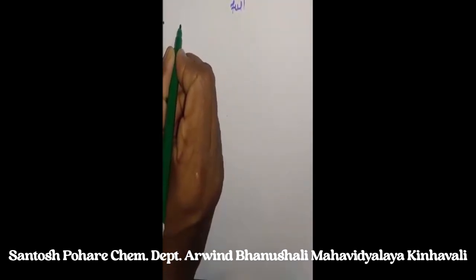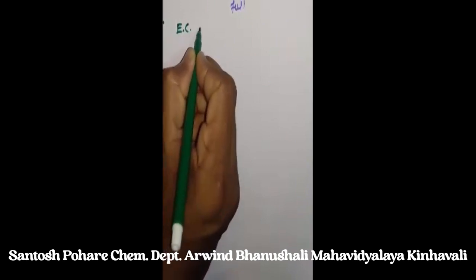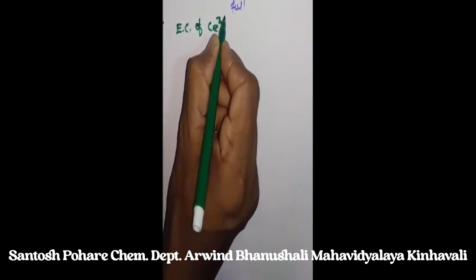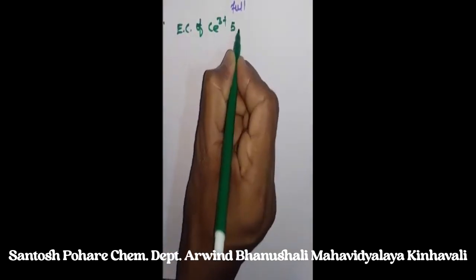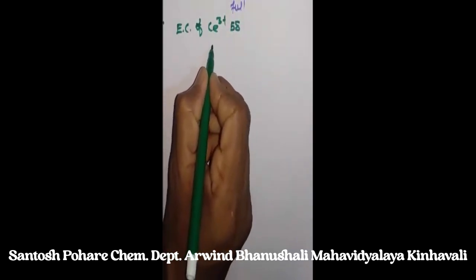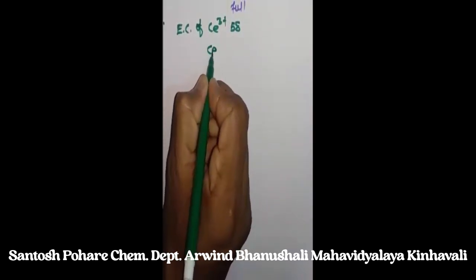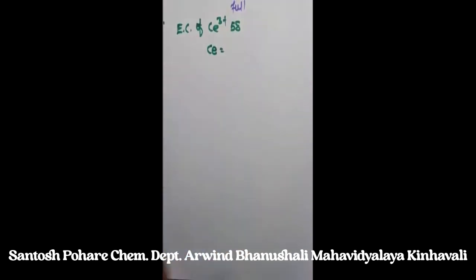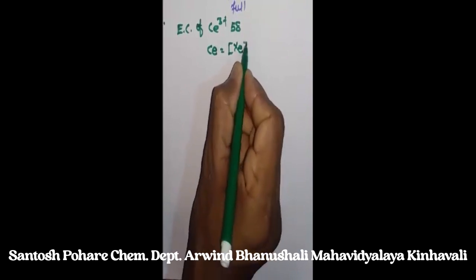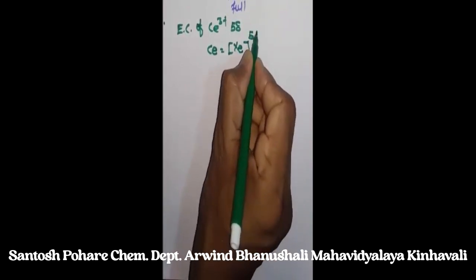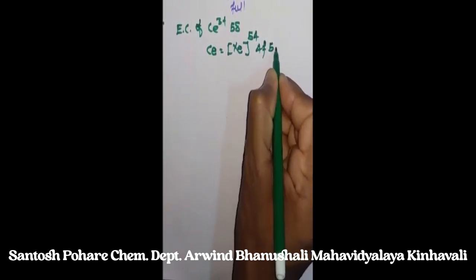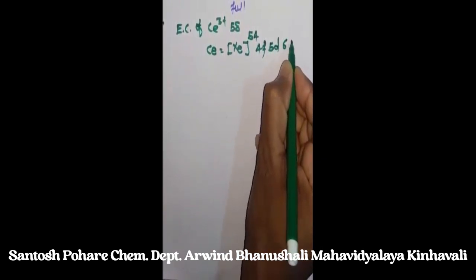We have to see the electronic configuration of the Cerium 3+ ion. The atomic number of Cerium is 58. So the electronic configuration of Cerium is xenon 54, then 4f, then 5d and 6s.